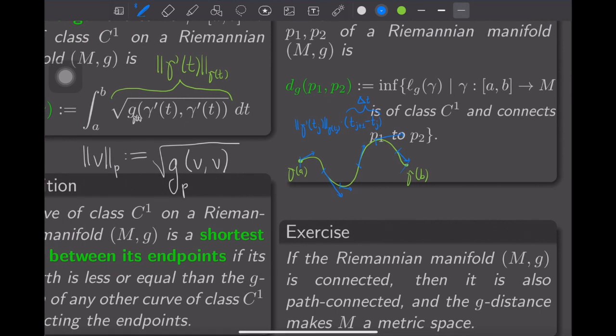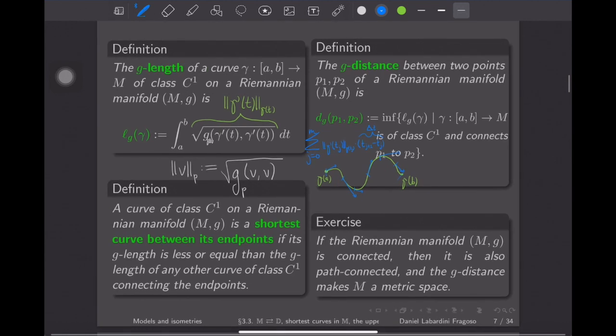And then the whole distance is approximated by just taking the sum of all of this. So this sum from j equal to 0 to, let's say m, where m is the number of intervals in the partition. This sum somehow approximates the length of this curve.